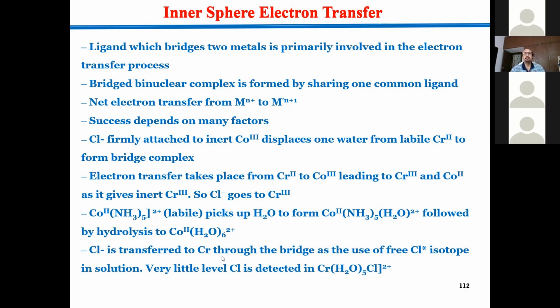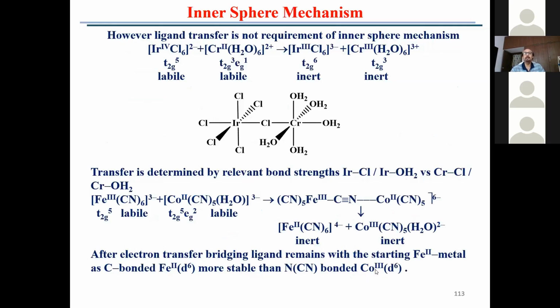And chloride is transferred to chromium through the bridge, as shown by the use of free isotope in solution. Very little level of chloride is detected in this phase. That means chloride is coming through the bridge, not through the solution. If through solution, you may always have a little bit of chloride, okay, and it is not that chloride.